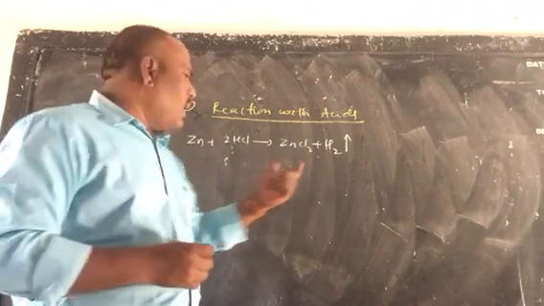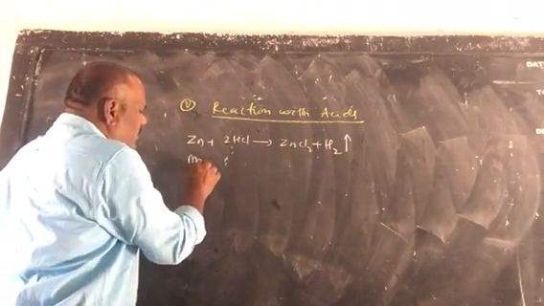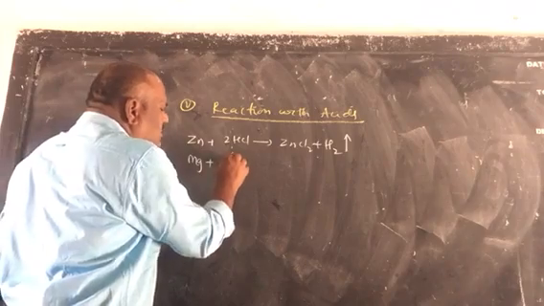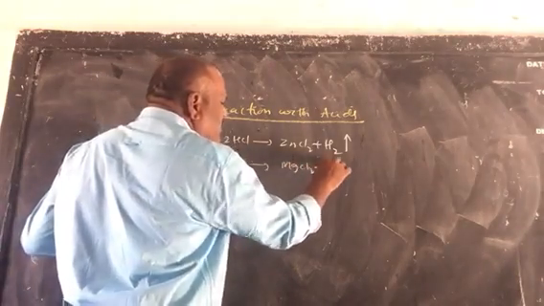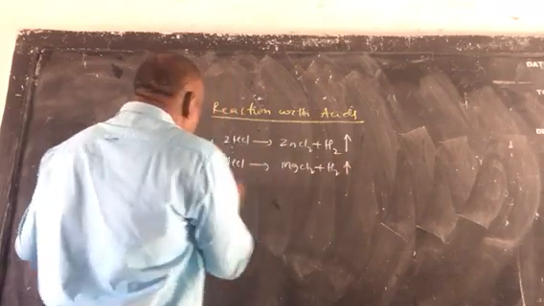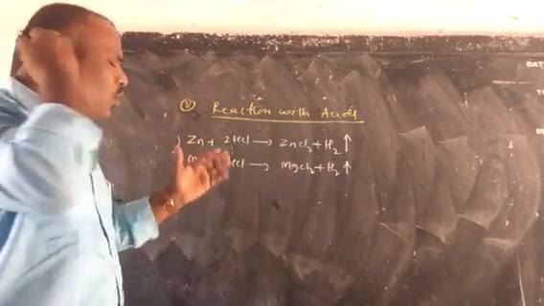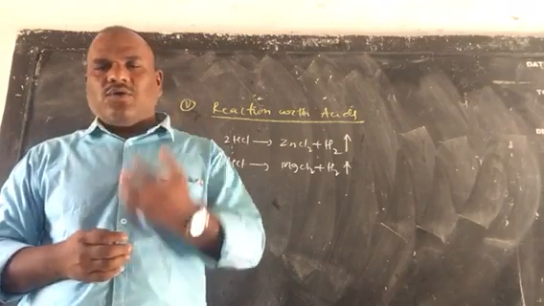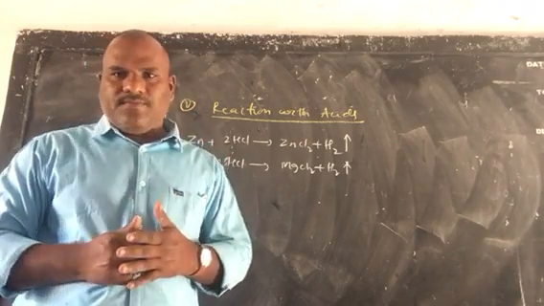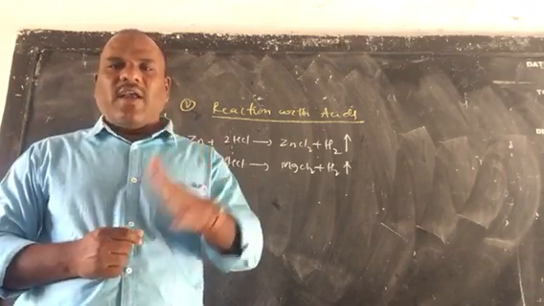Or take any metal: magnesium plus HCl gives MgCl2 plus hydrogen. So we can conclude that when metals react with acids, they produce hydrogen gas.